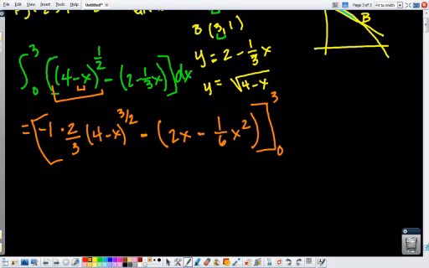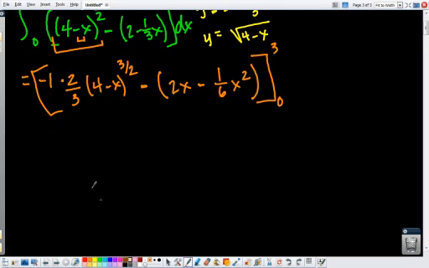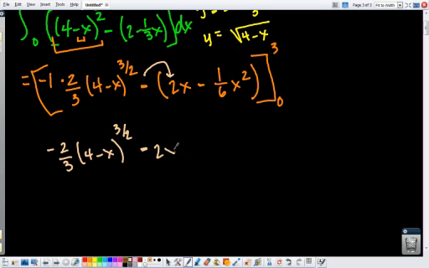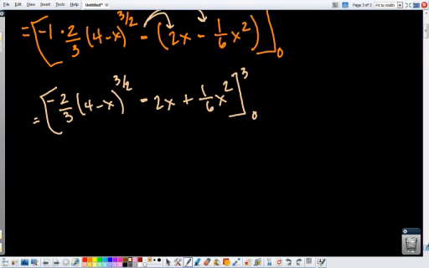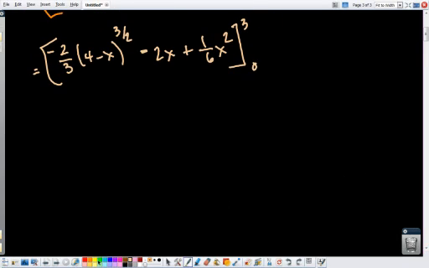Okay, so let's go ahead and simplify this. So I end up with -2/3 (4 minus x) to the 3/2 minus, and I'm just going to distribute my negative through so I don't accidentally drop it, 2x, distributing it through again to here gives me plus 1/6 x squared. And now I'm going to find the value of my definite integral here. It's already integrated.